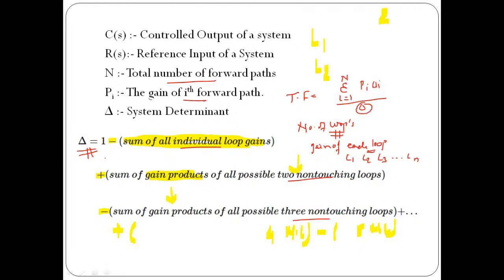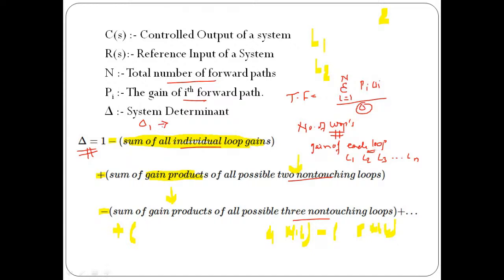This is very important. Now how to calculate this delta 1, or you can say delta i? For delta 1, again we need to use the same formula, but while calculating the value of delta 1, we need to take only those loops, maybe an individual loop, maybe a pair of two non-touching loops, or maybe a group of three non-touching loops, that are not in physical contact with the first forward path.